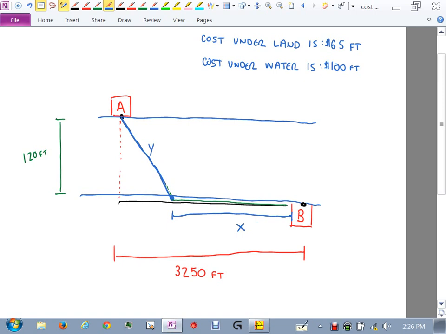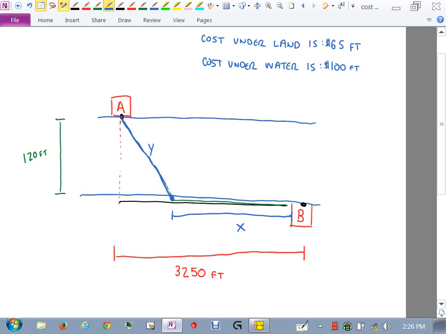Now, it might turn out that x is going to be 3250. It might turn out that x will be 3250, right? In that case that x was 3250, y would be what? 120, because you'd be going straight across. Now, what happens in the event that x is 0? Then you're going to go straight across, right?